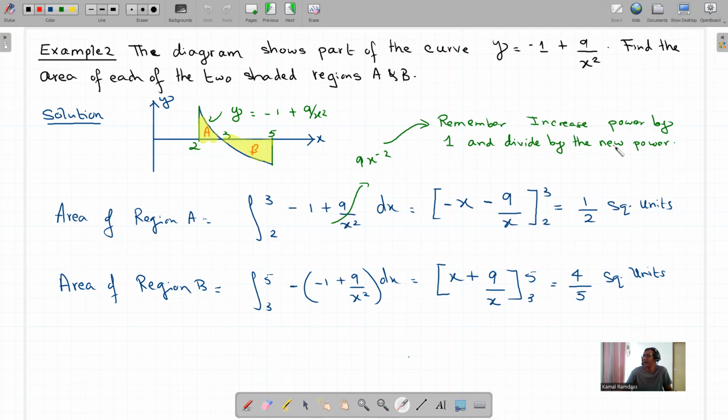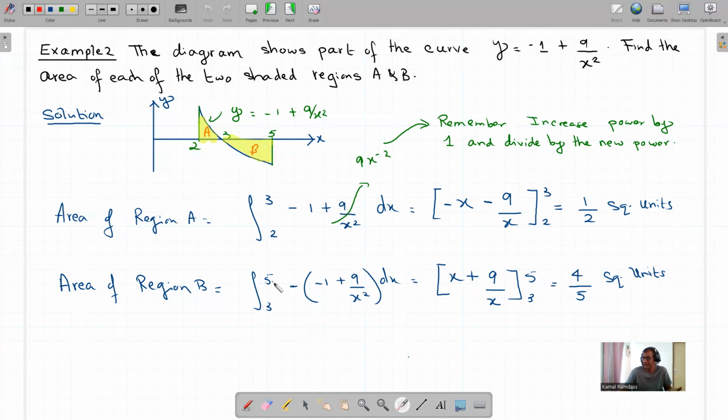Remember to increment the power by 1 and divide by the new power. Incrementing by 1 gives minus 1, divide by minus 1, so we get minus 9 over x. So we get minus x minus 9 over x, between 3 and 2, and we get a half square unit if I evaluate. OK?